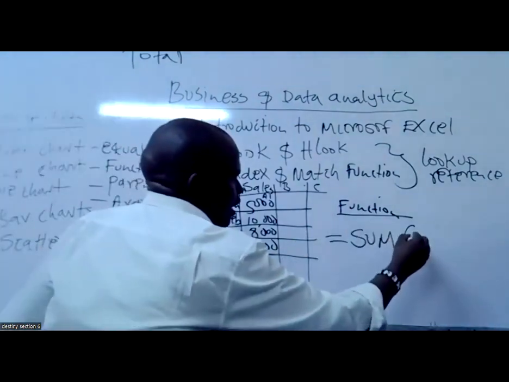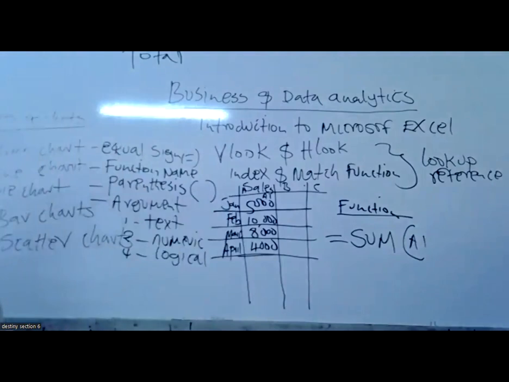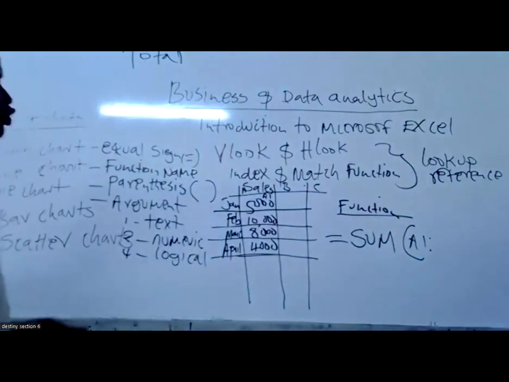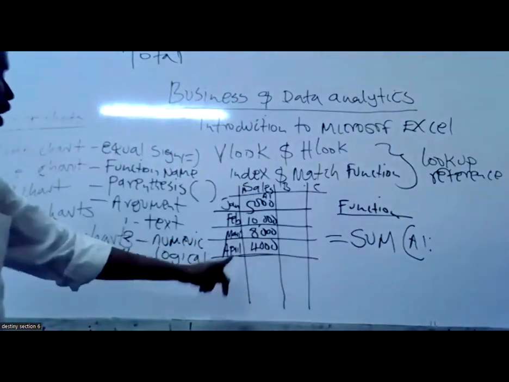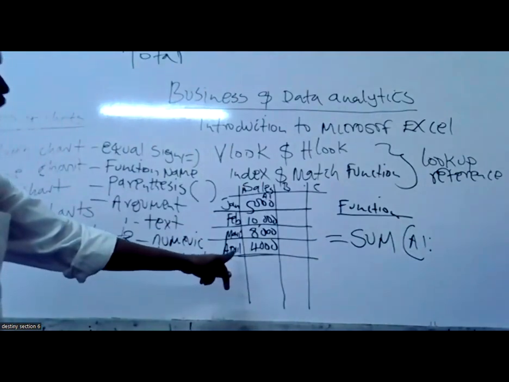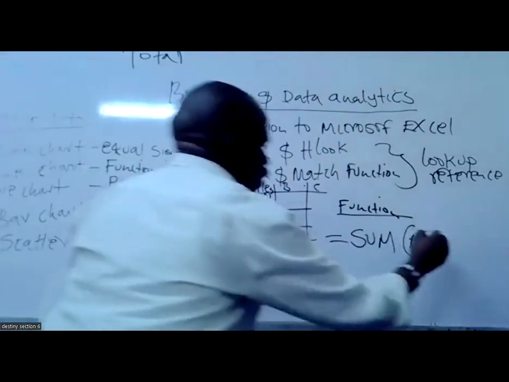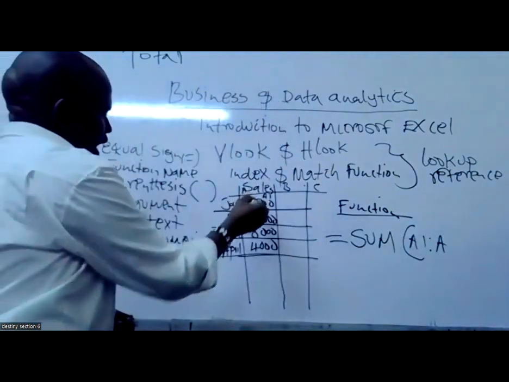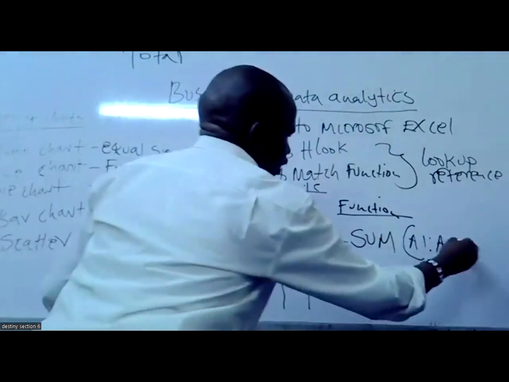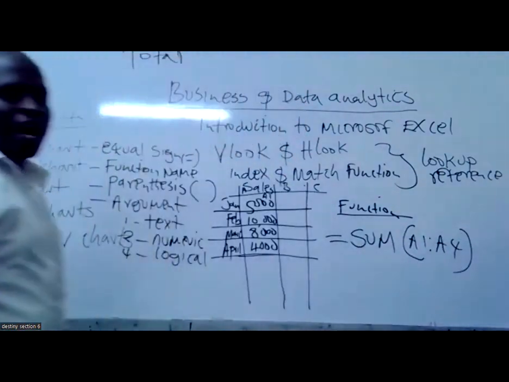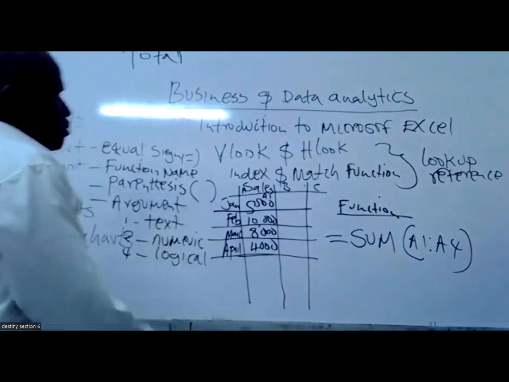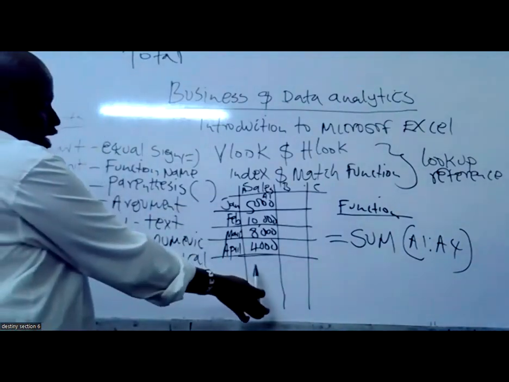Then column A and row number 2, and we put a colon. So column A and then row number 1, 2, 3, 4, and then row number 4. And then I close the parentheses. So if I close the parentheses here now, I'll be having the totals here.